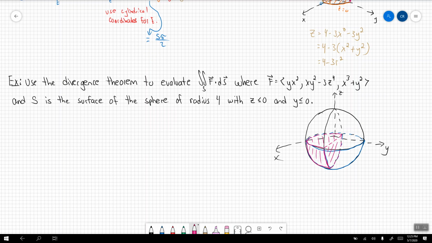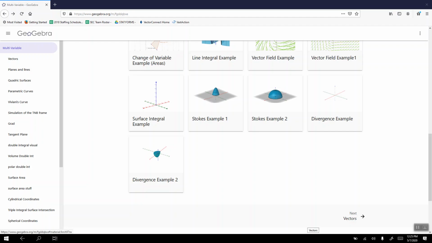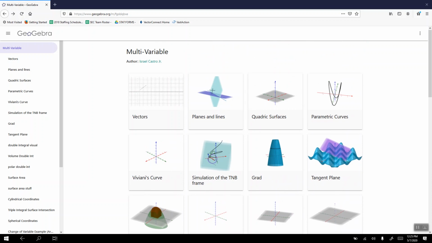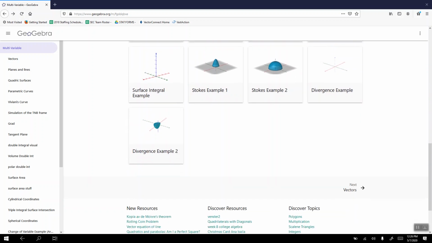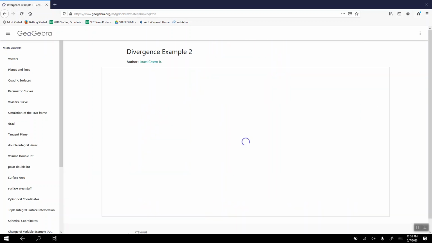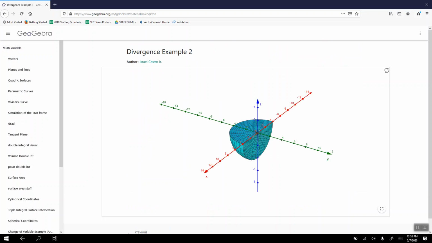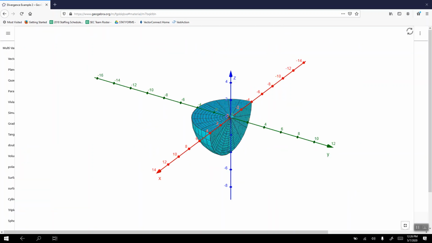Now let's look at this on Geogebra to see if we can extract those values. All right, here's Geogebra. This is a multivariable class that I set up, and I have the very last example here, divergence example 2. If you click on divergence example 2, I didn't put the vector field here. I only wanted to observe the actual object that we are going to be working with.